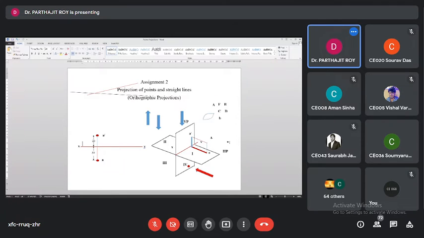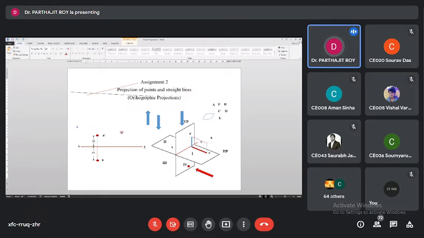Okay. Yes, sir. Now, as I said, if I take another point lying in the second angle, where will be its front view?